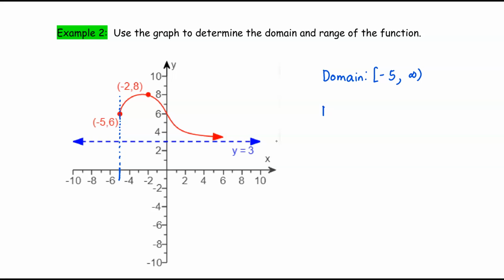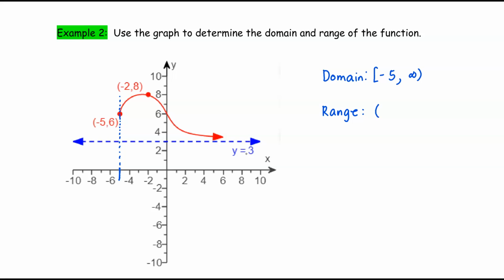Now for your range, you look at the y values. So we know that the graph would actually not cross beyond y equals 3. It will just approach this line here, but it will not touch. So that means y cannot be equal to 3.